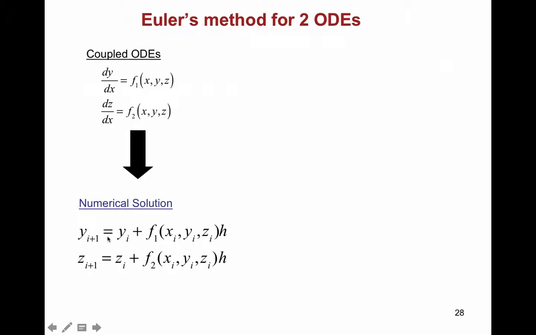And you would proceed in the same way. For the numerical solution, in the simplest case with Euler's method, I would just use this f1 as my slope, but I would solve for them simultaneously. So in this case, I'm solving both for y and z, yes? With Euler's method.